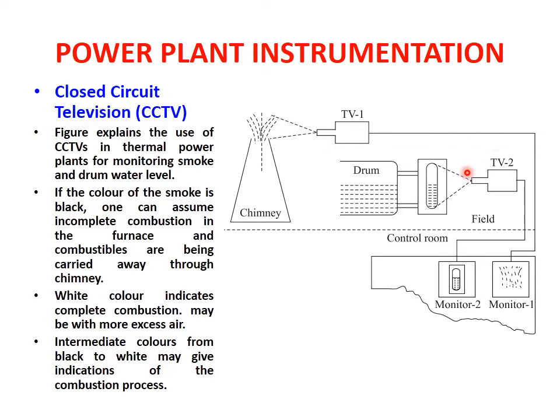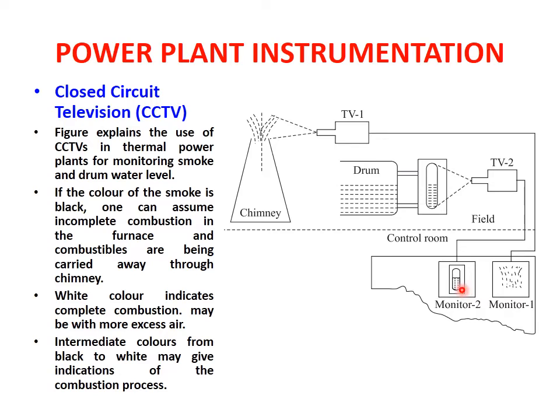One camera is TV1 and the second is TV2. TV1 is measuring the amount of smoke or dust coming from the chimney, and it is giving the signal. And TV2, that is CCTV2, is measuring the height of the drum as a level recorder in the side gauge glass. So these two are doing different work.